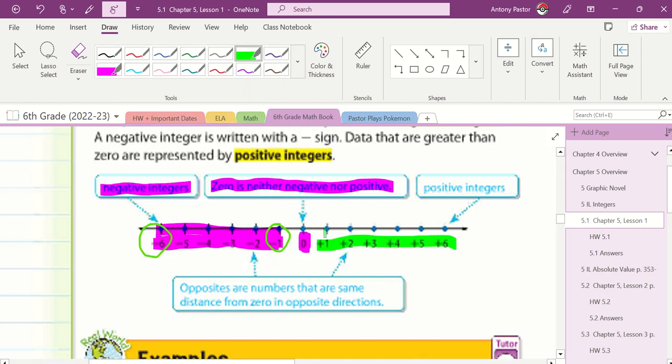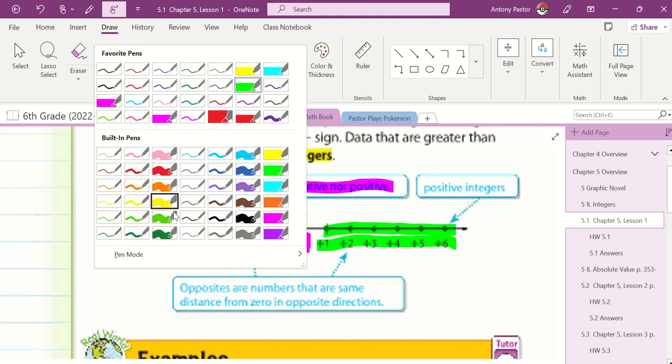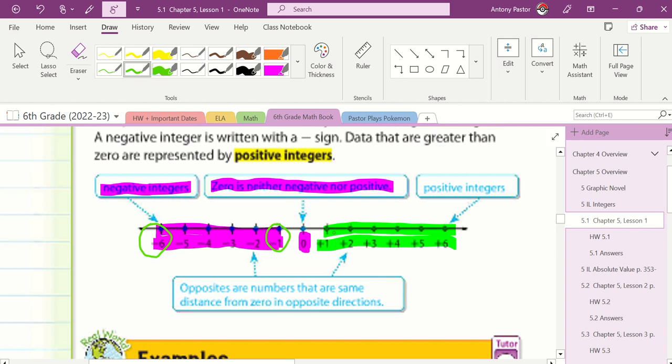And again, the further right they are, the bigger they are. So while -6 is technically smaller than -1, +1 is also smaller than +6. +6 would be bigger because the more to the right, the bigger the number is. So between +1 and +6, 6 is bigger. Between -6 and -1, 1 is bigger because it's closer to the right.